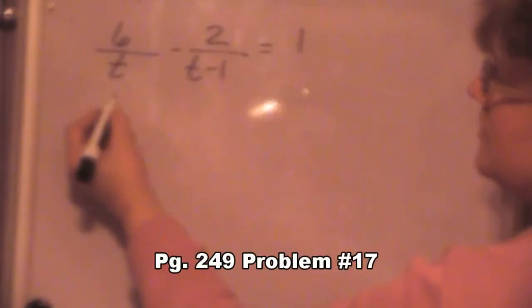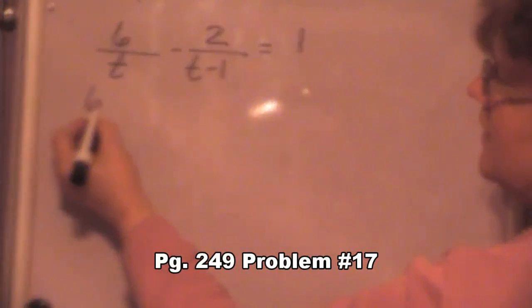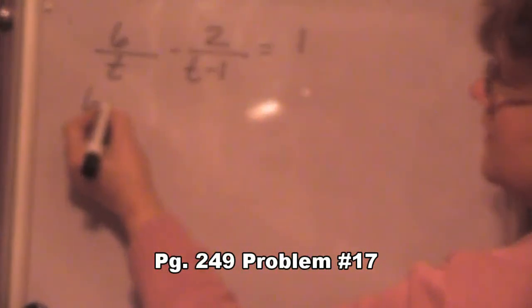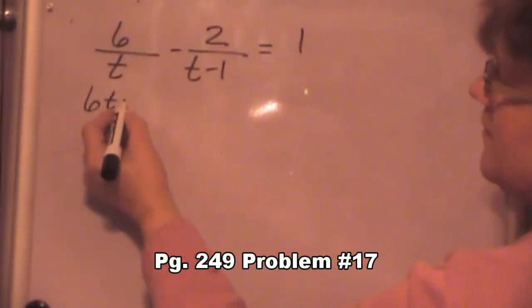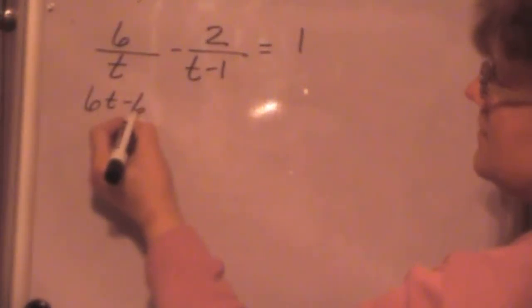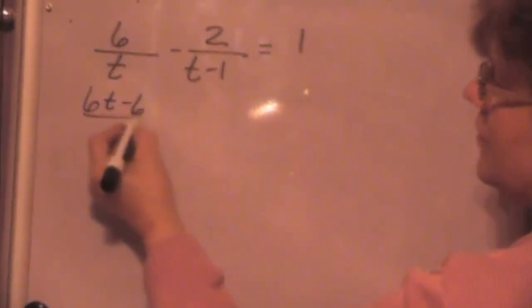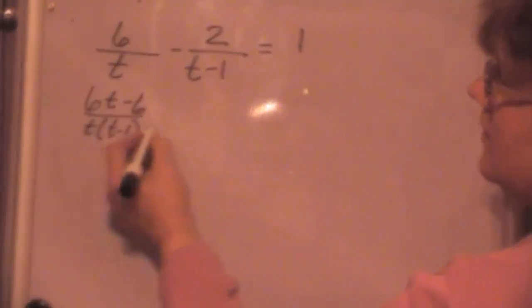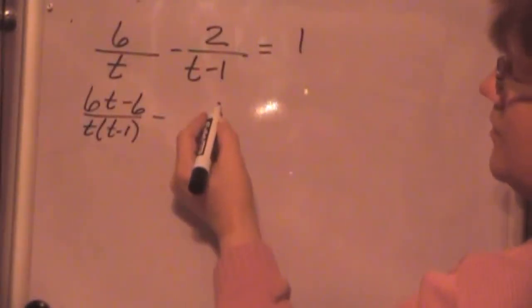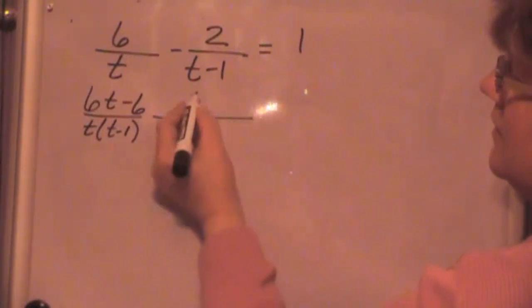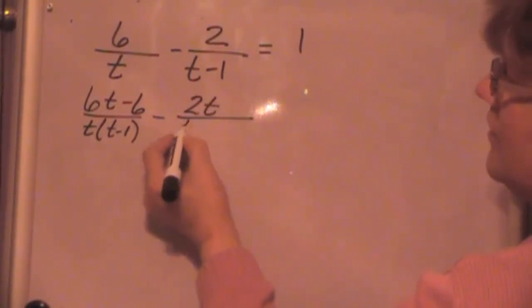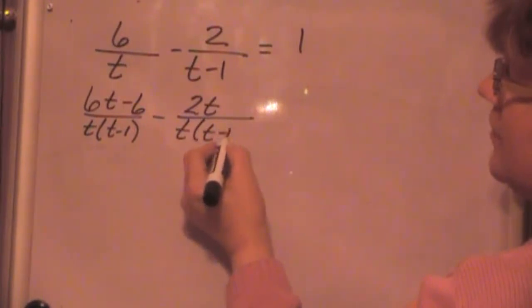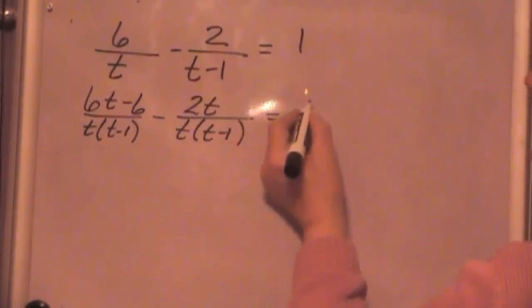If I multiply this one by t minus 1 over t minus 1, I get 6t minus 6 over t times t minus 1, minus, this one gets multiplied by t over t, 2t over t times t minus 1. That is equal to 1.